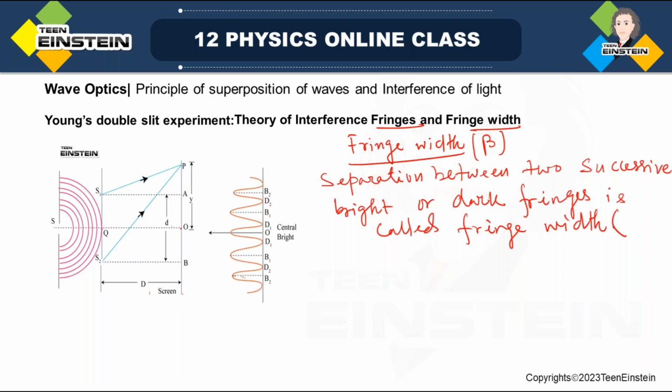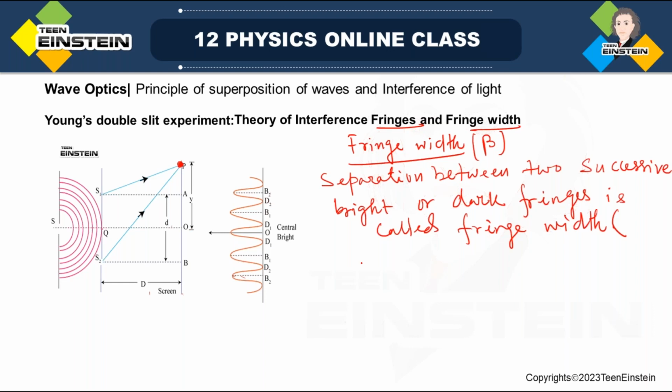The path difference is between S1 and S2 to the point P. At this particular position, point P, we want to know whether there will be a bright fringe or a dark fringe. This distance I can measure, Y. So at this position, whether it will be a bright fringe or dark fringe, how to do that? We will do that here.